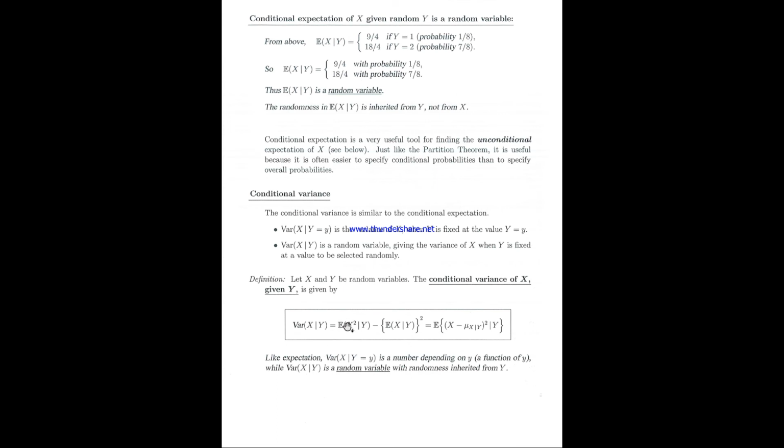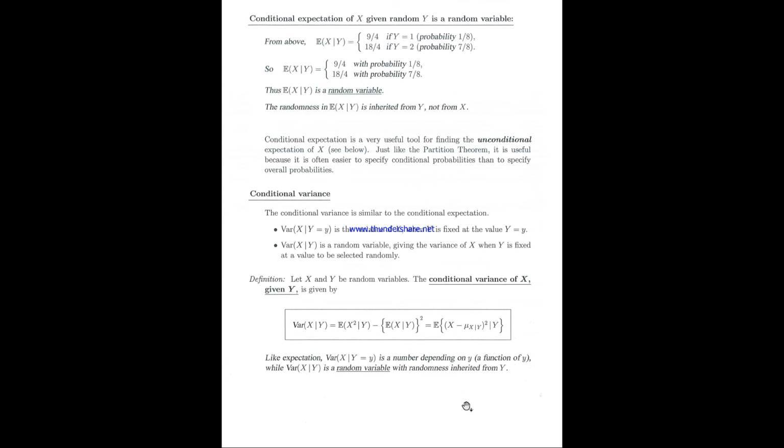So you take the expected value of x squared given the value y, minus the squared value of the expectation of x given the value y. So this is the same as the expected value of x minus the mean value of x given y, whole thing squared, but you have to be concerned about this condition, that is the value of y. So we are always calculating all these values by substituting the y value for the random variable y.